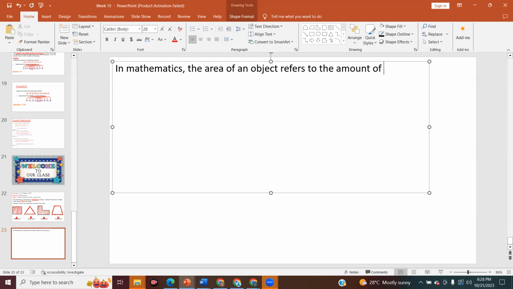Refers to the amount of two-dimensional space it occupies within a flat surface or a plane.